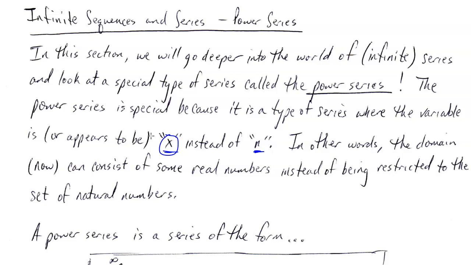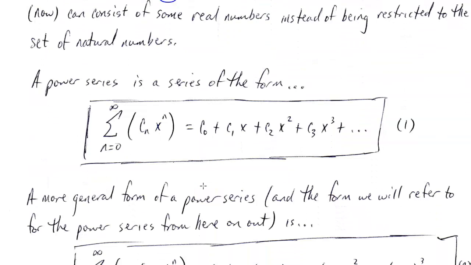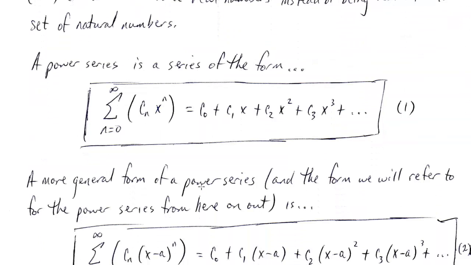Okay, so let's go ahead and see what a power series actually is. So a power series is a series that looks like this. Okay, so we have the sigma notation or summation notation. Instead of starting at n equals 1, like how we did for a geometric series, we will start at n equals 0.